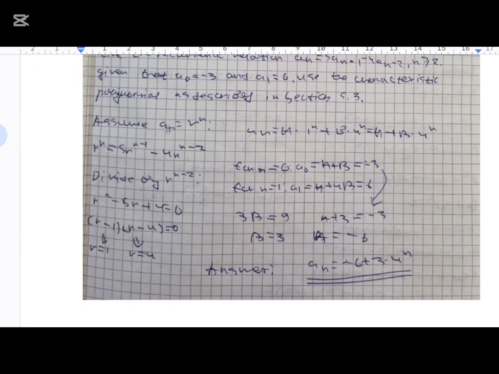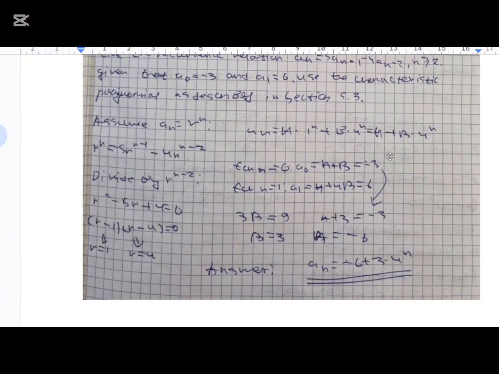Assume that an equals r to the nth power, and there is this formula. I hope you can see it. We divide it by r to the n minus 2 power. We have r squared minus 5r plus 4. So if we simplify in the brackets, r equals 1 and the second equals 4.